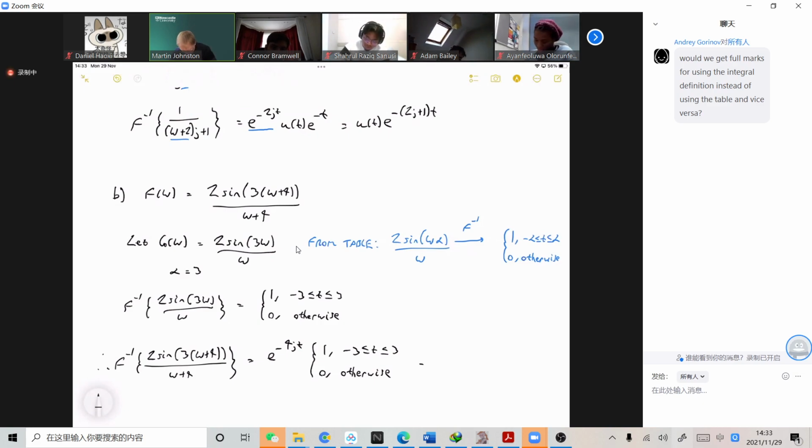Okay, so two different applications of the first shift theorem. One to find Fourier transforms and one to find inverse Fourier transforms.